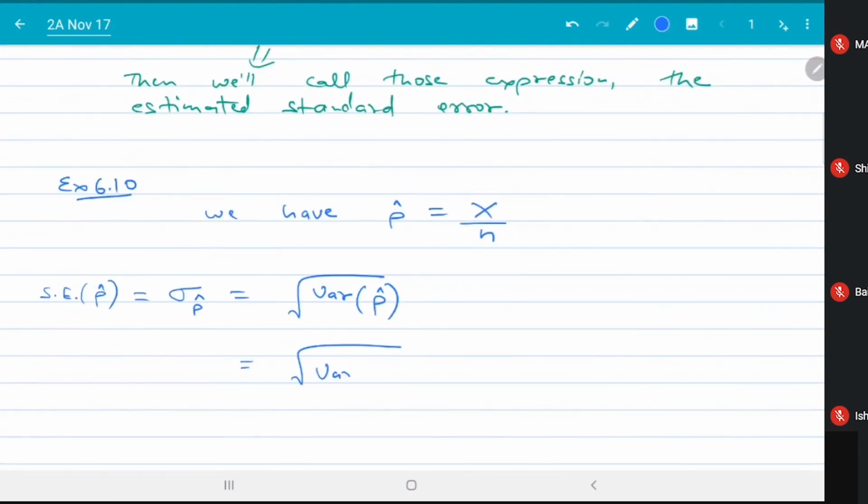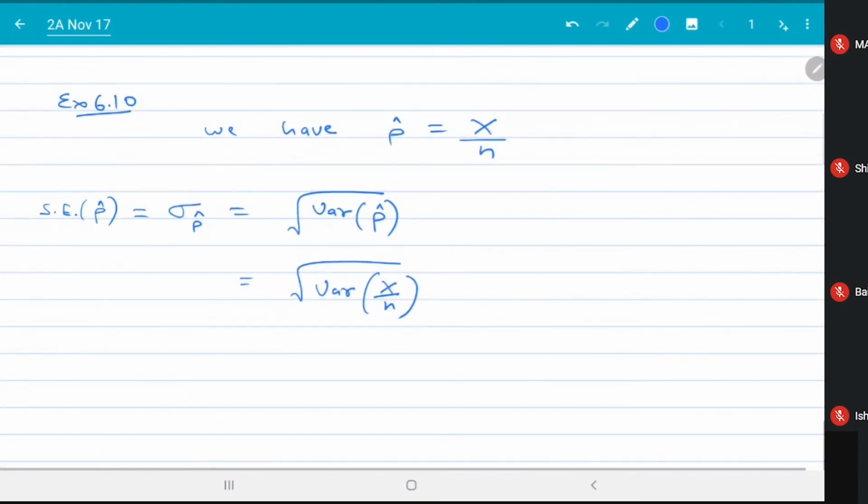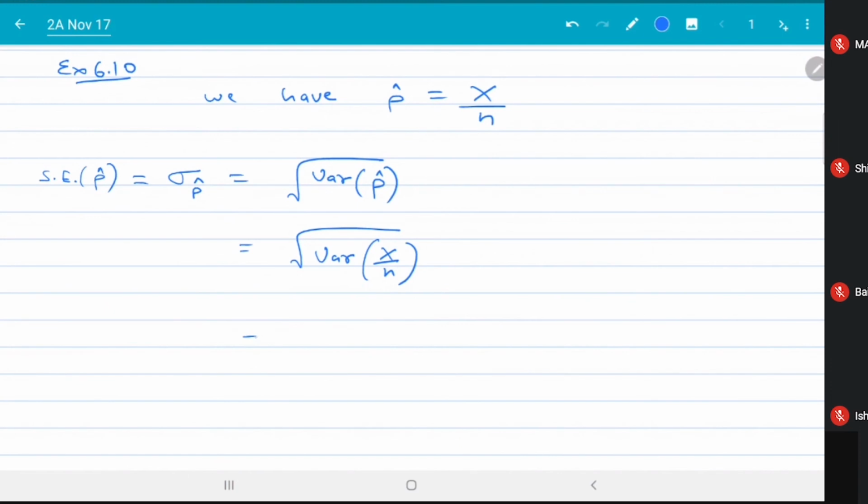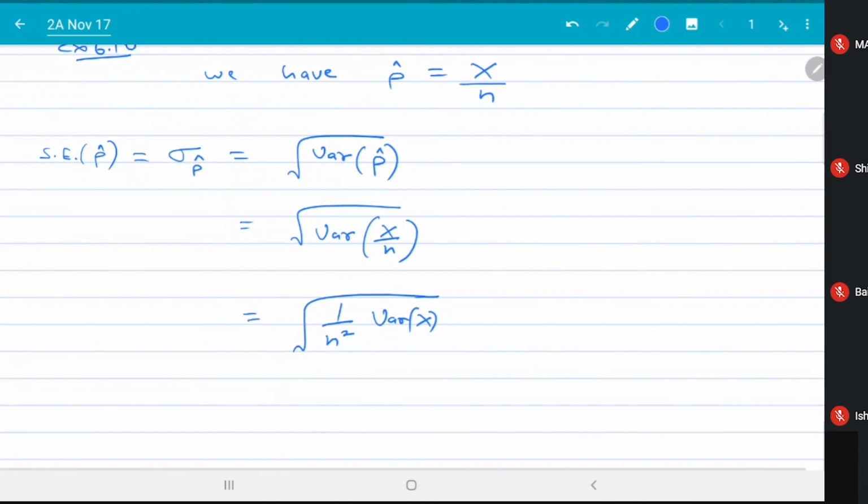The estimator itself takes this value. Now n would come out as n square, variance of x, and we're speaking here of a binomial random variable x.